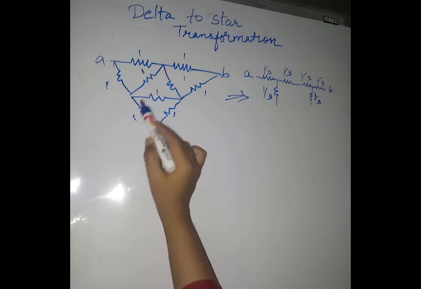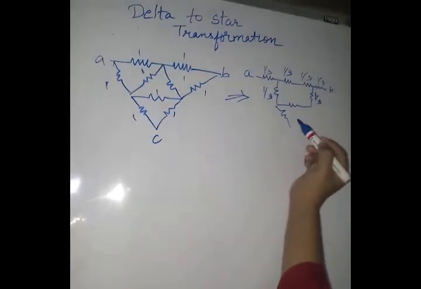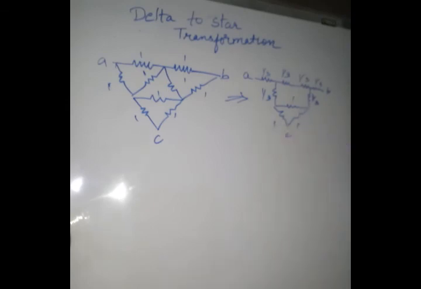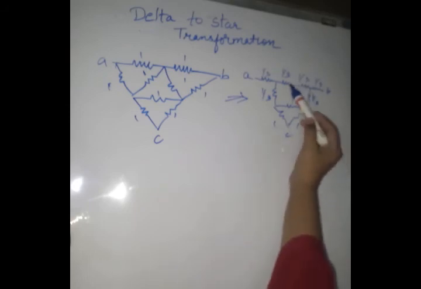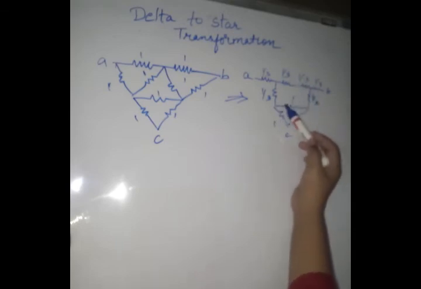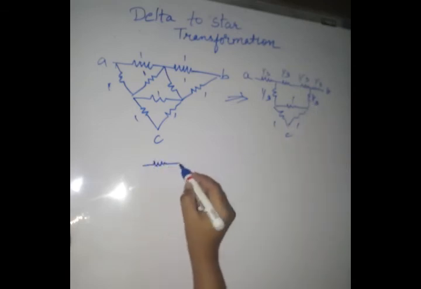So remaining is this delta circuitry. So let me put it like this: C, 1, 1, 1. So what can we do again? See, these both are in series, so we can calculate this, but what about this circuitry, right? So again we need to convert this delta into star. So let's convert.